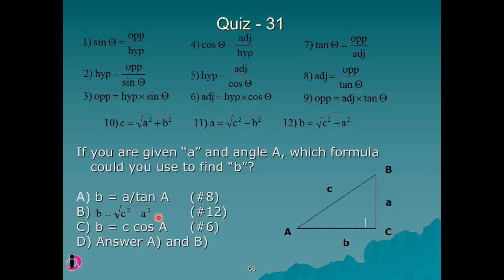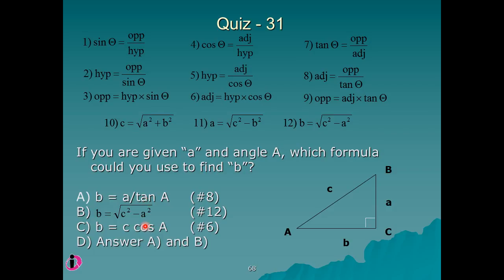What do you need to know here? So the right one, I think this is the best one, right? A. Is that right? A. Because you are looking for B, and you know a small a, so you plug a small a here. You know angle A, you plug here, right? So once you plug the A, you automatically find the tangent A using your calculator, right? And then a small a is also given. So the B is your best choice.